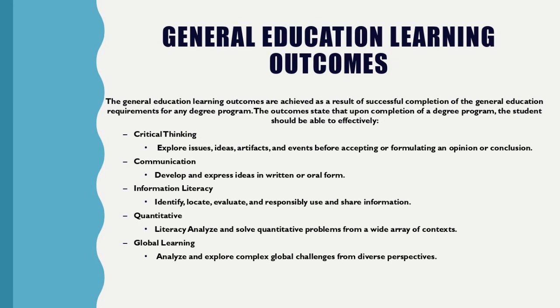So the first one is critical thinking, and critical thinking was done in our evaluation last year. I'm going to share some of those results with you, or where to find them on our portal page, because our evaluation of critical thinking was done in 2020. And those details were shared last year, and then also shared again at Learning Improvement Week this week. So when we talk about critical thinking, it's the student's ability to explore issues, ideas, artifacts, and events before accepting or formulating an opinion or conclusion.